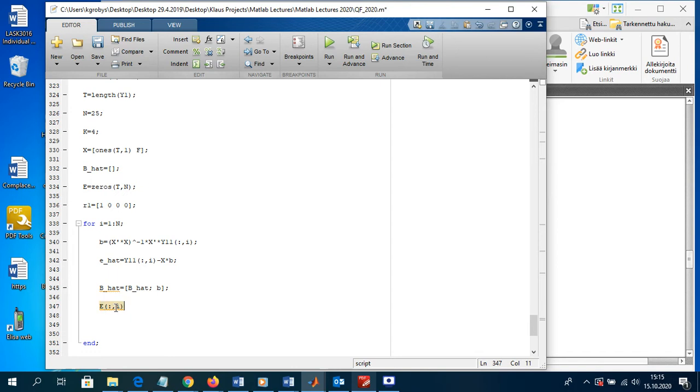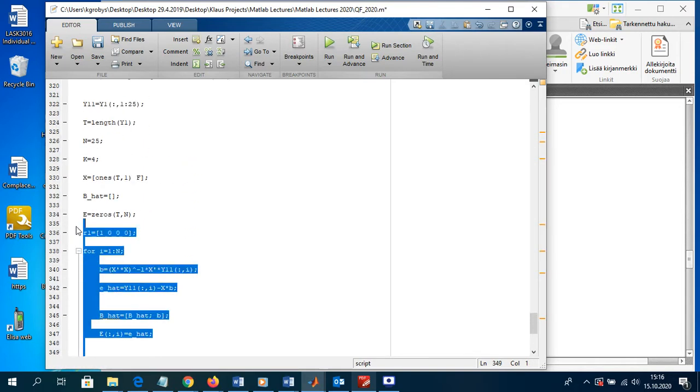In each iteration, in each column i, we want to put in our e hat, which gives us the corresponding residual vector for each equation.